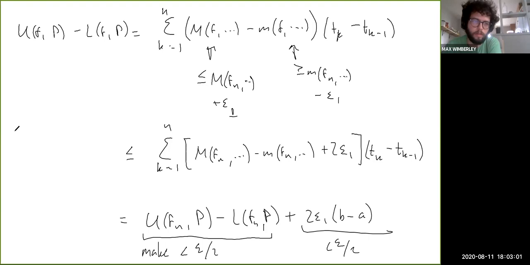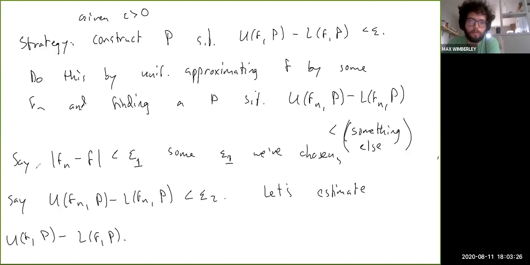So choose epsilon 1 to be epsilon over 2 B minus A. It can be less than or equal to, it doesn't matter. And then epsilon 2 can be just epsilon over 2, right? And just paste those choices back into this argument, right?